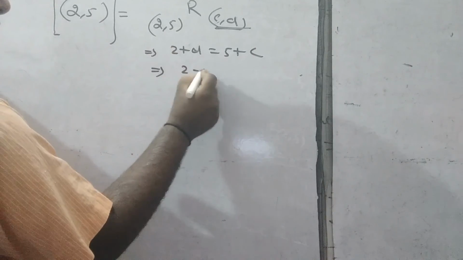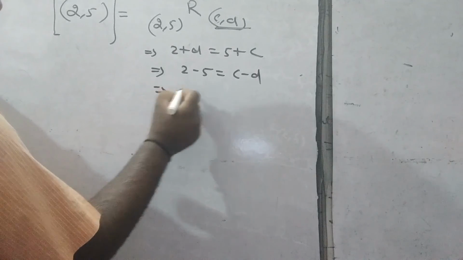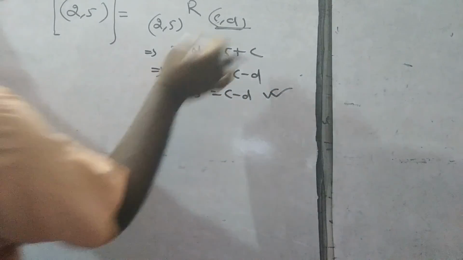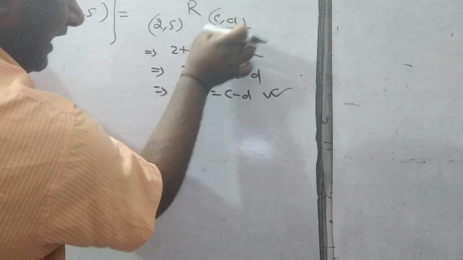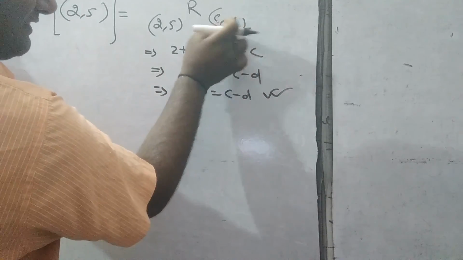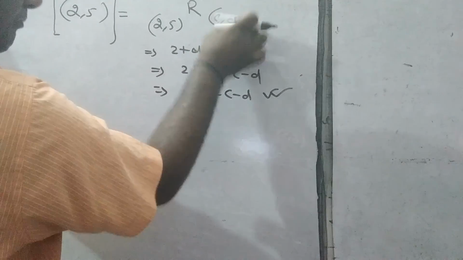Or 2 minus 5 is equal to c minus d. Or minus 3 is equal to c minus d. Means the difference of the elements of the pair must be minus 3.